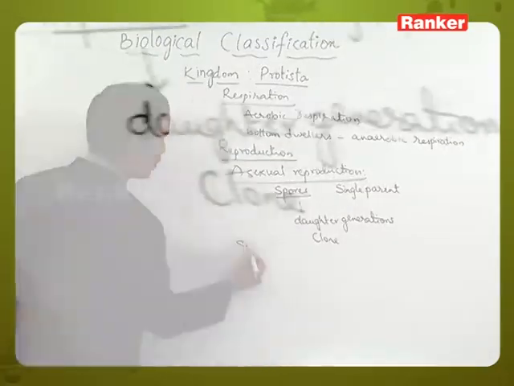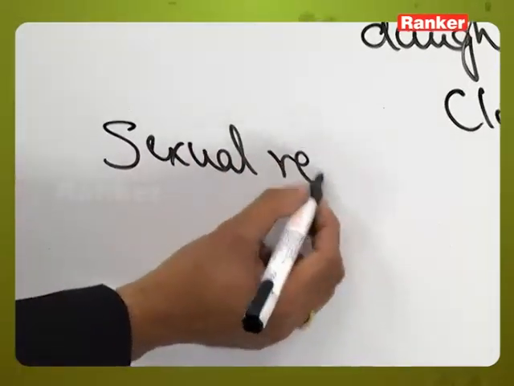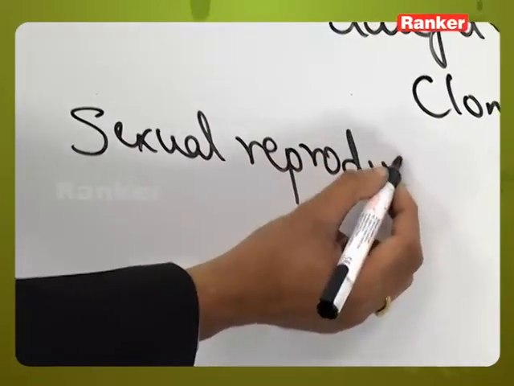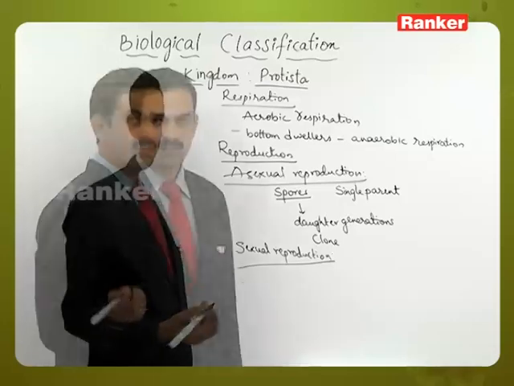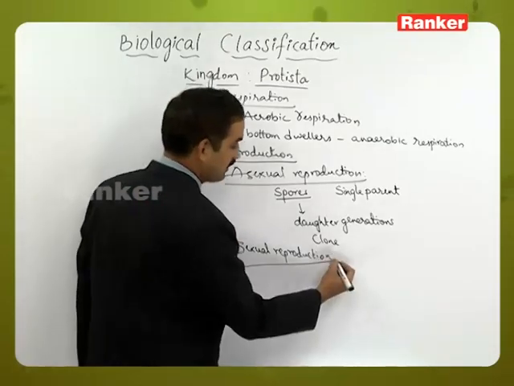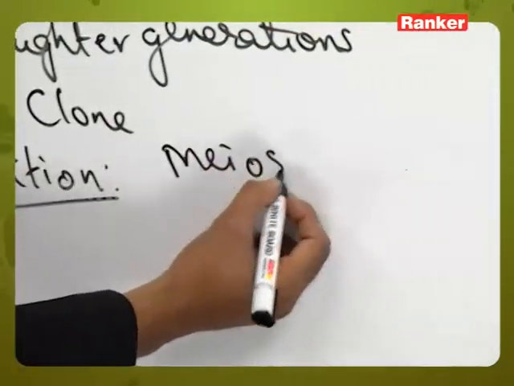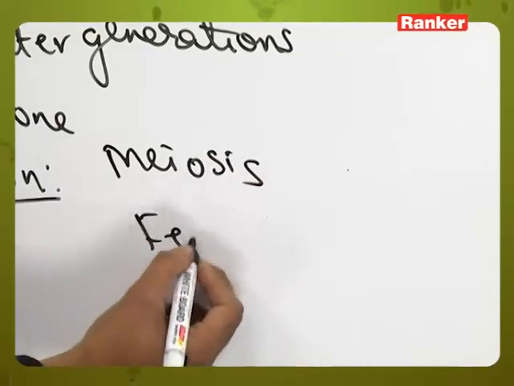Then sexual reproduction. Here the members of Protista will perform sexual reproduction. It includes two steps, that is meiosis and fertilization.